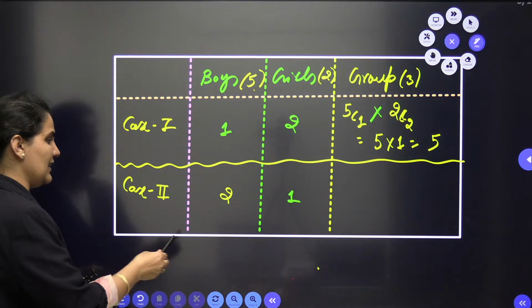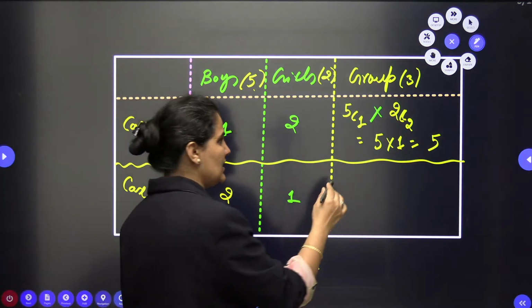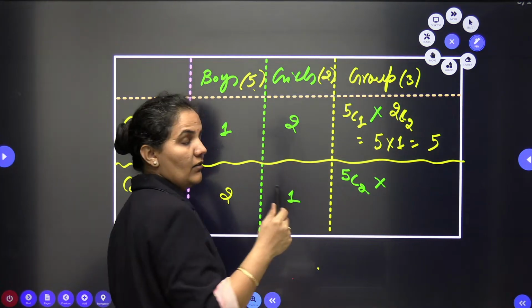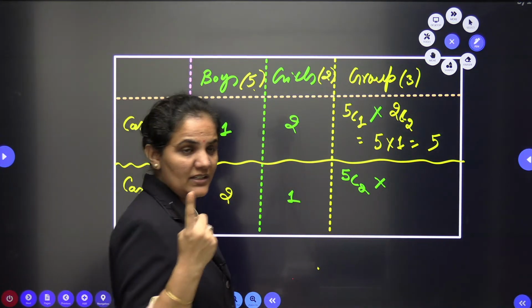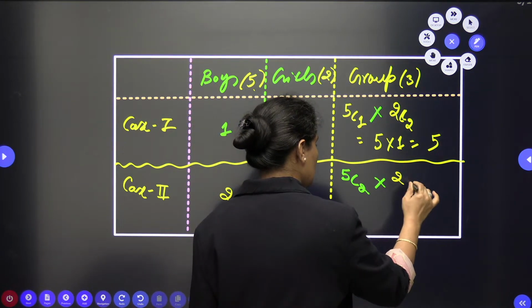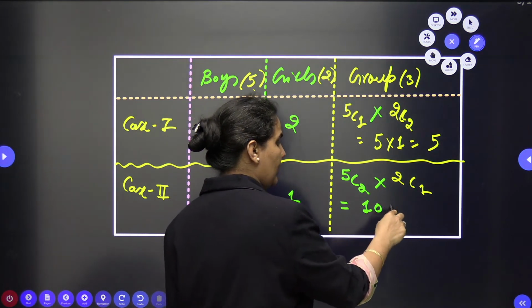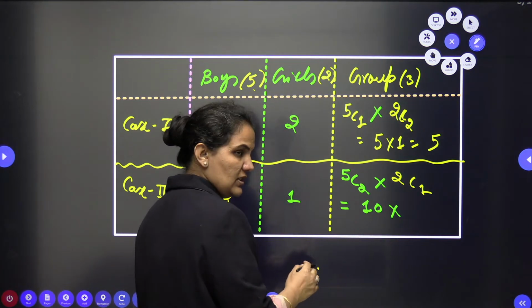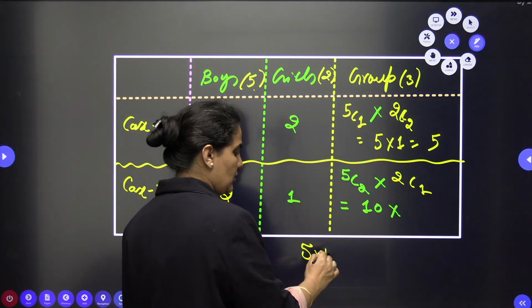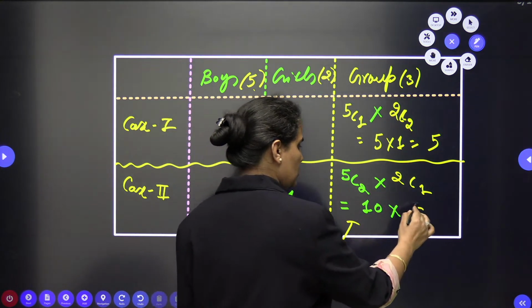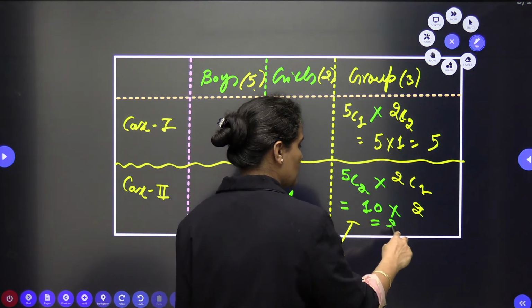Now the same for the second case: out of the 5 boys, we need to select 2 boys. So 5C2 multiplied by, out of the 2 girls, we need to select only 1 girl. So this is 2C1. 5C2 is 10. If you solve 5C2, this is nothing but 5 into 4 by 2, so this is 10, and 2C1 is 2. So this is 20.